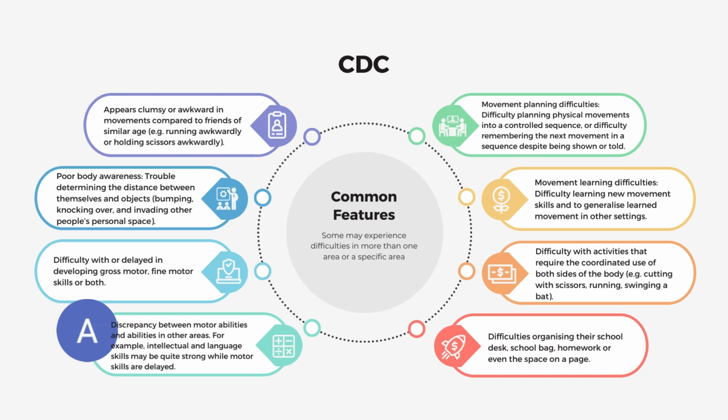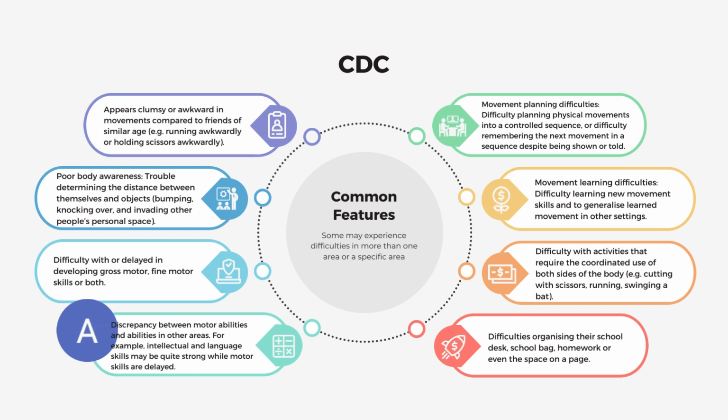Another common feature would be a discrepancy between their motor abilities and their abilities in any other areas. For example, they might be very intellectual and have good language skill. However, when we look into their motor skill, they seem to have some delay.